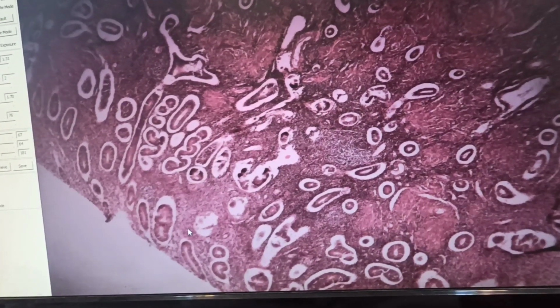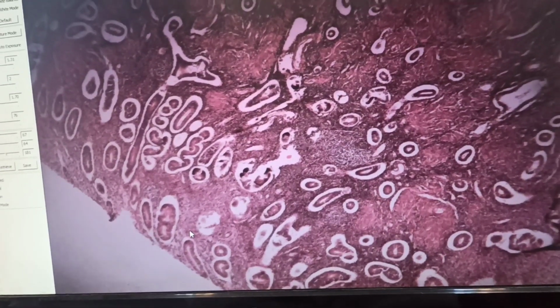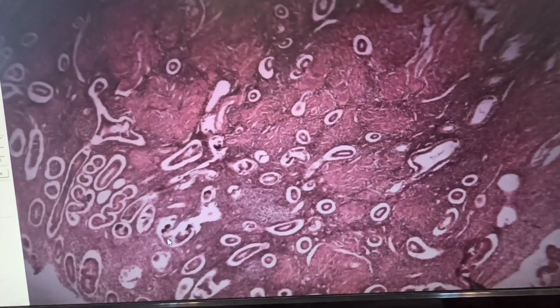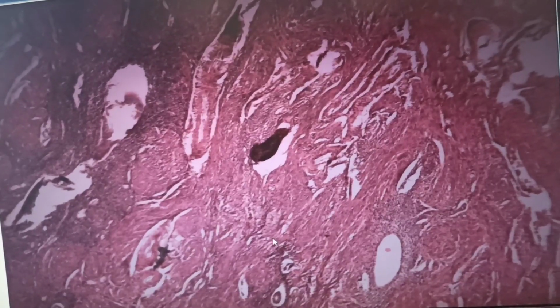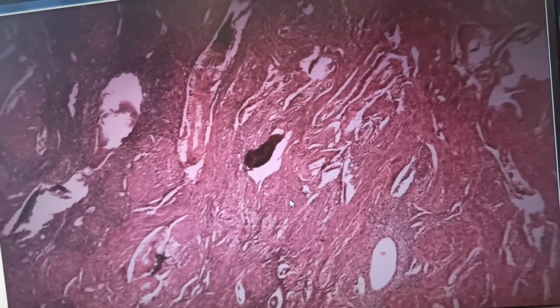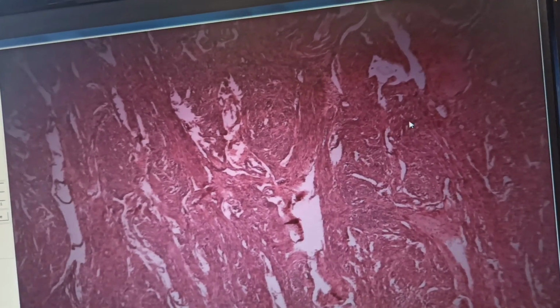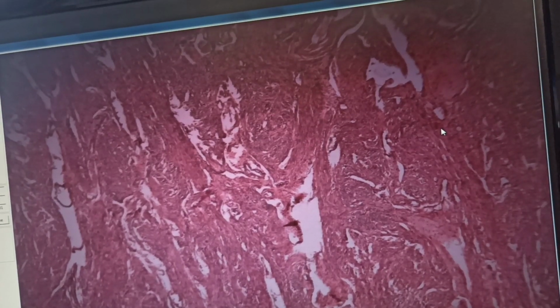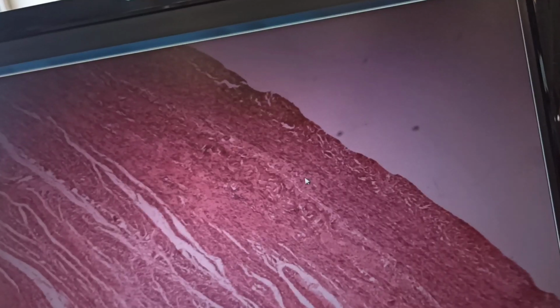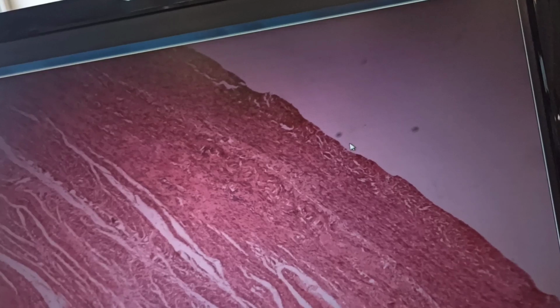So this part is the endometrium. Then the color changes to pink or red, and we don't see the gland anymore. Muscle cells are called myometrium. I continue to the perimetrium on the outside.